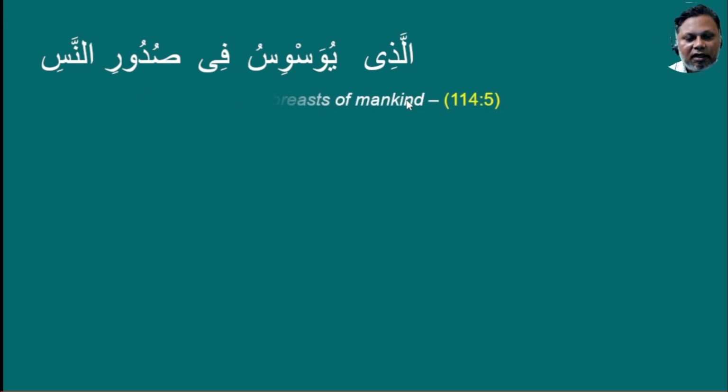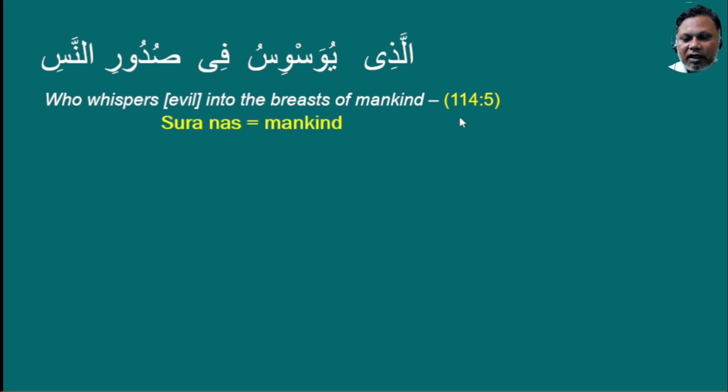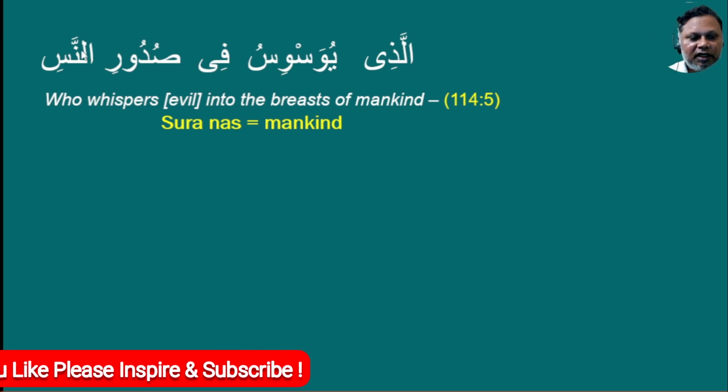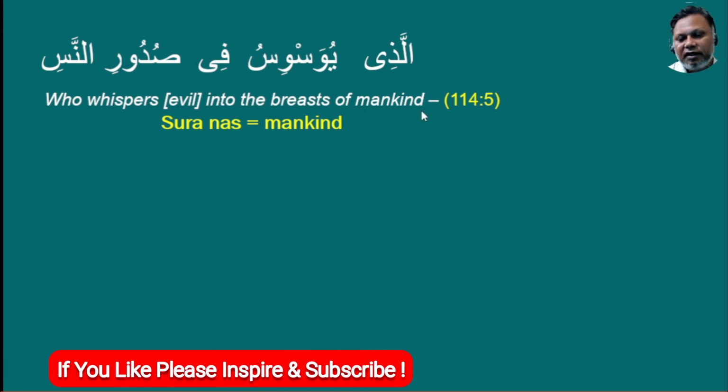This is the ayah from Surah Nas, ayah number 5. Who whispers into the breast of mankind. Alladhi means who. Yuwaswisu means whispers. Fi means in. Suduri means breast, in the breast. Sudurin nas, of mankind.